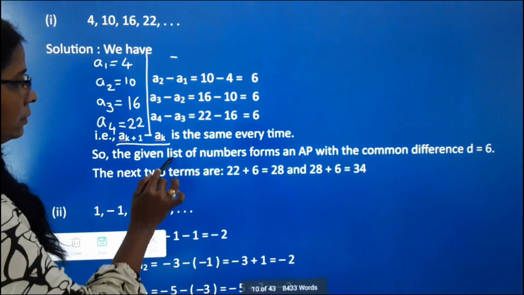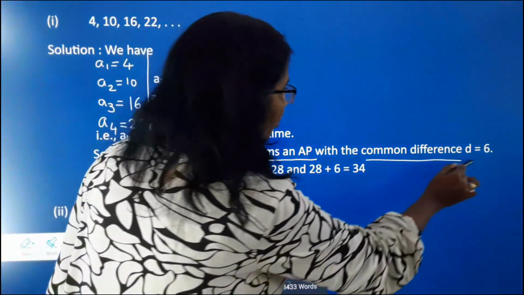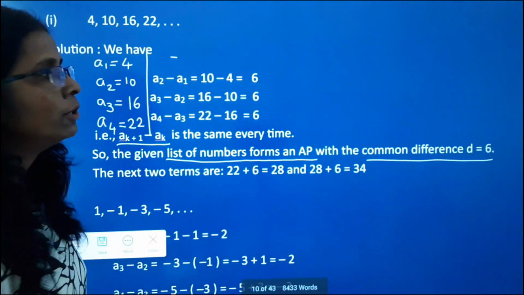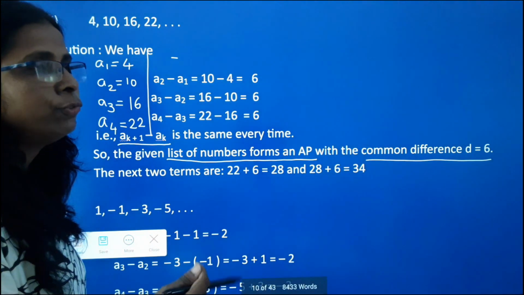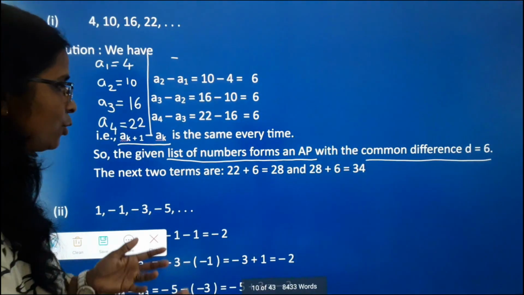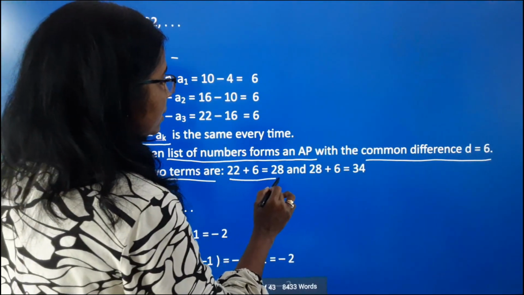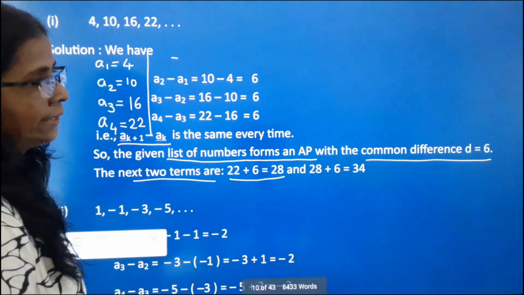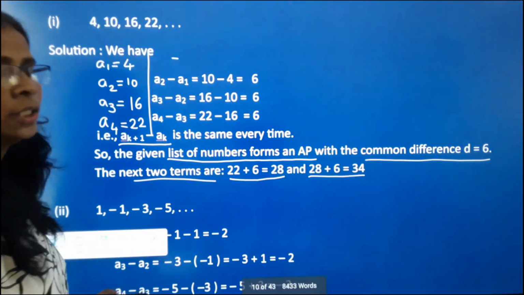That means the list of numbers forms an AP with the common difference D equal to 6. To find the next two terms, write 22 plus 6 is equal to 28 and 28 plus 6 is equal to 34.